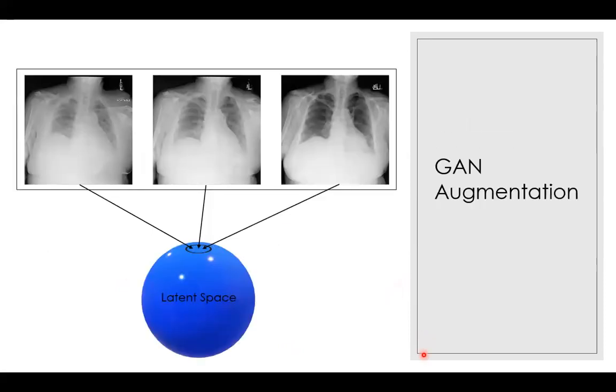Now, how can you augment images? This is one of the more interesting methods, I think. Let's say this is your chest X-ray as you have it from your source data set, and you've trained a GAN for producing similar kinds of chest X-rays as your source.